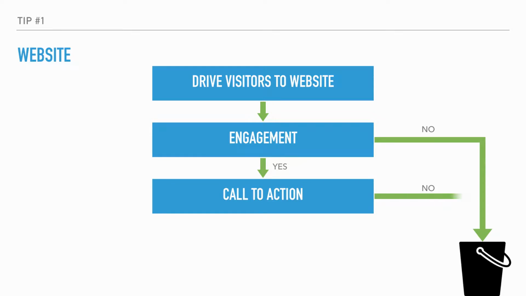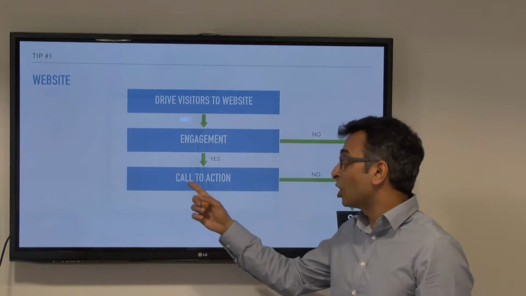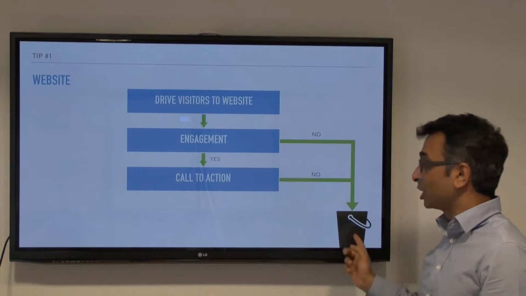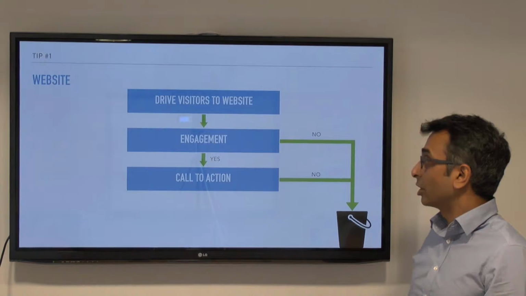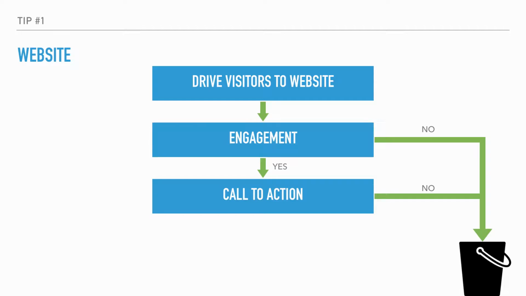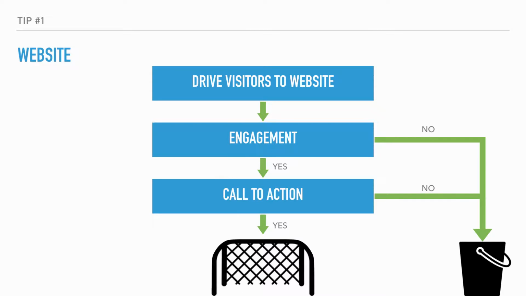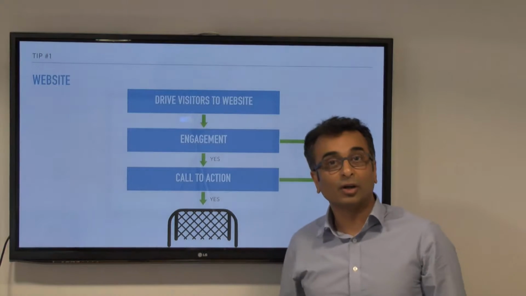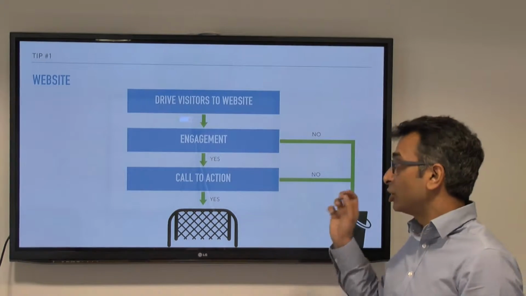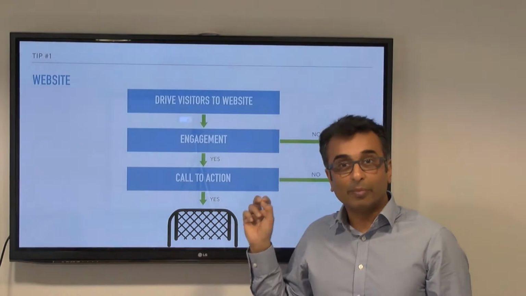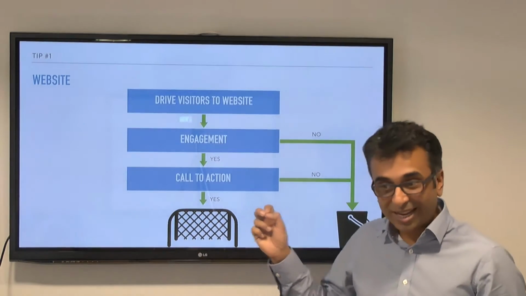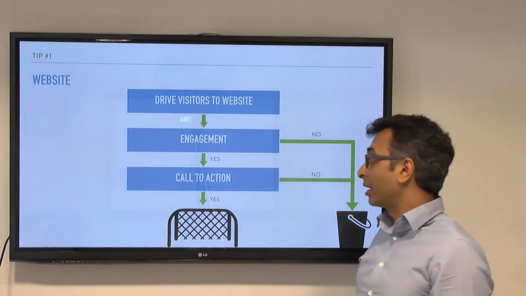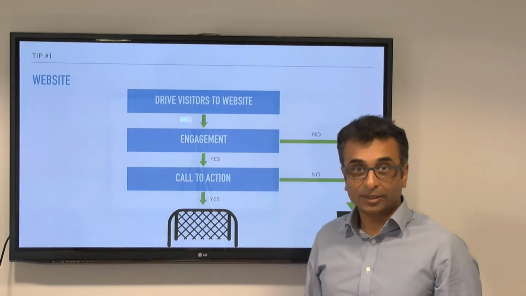And so that is your call to action. And again, if you don't have one, you are potentially losing visitors through that investment in marketing. If you do have a decent call to action, then you'll have reached your final goal, which is basically to generate an inquiry, be it a telephone, an email inquiry, or a visit into your practice.